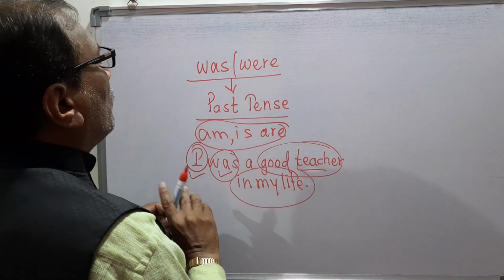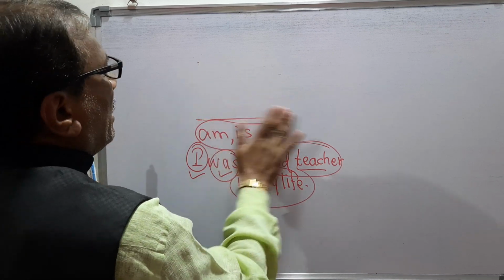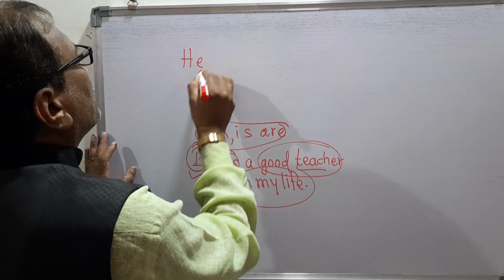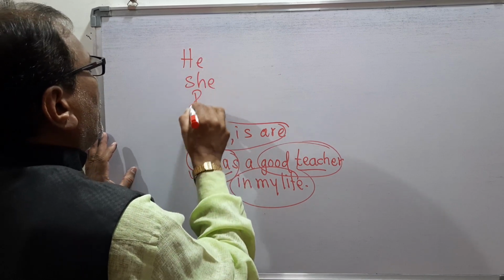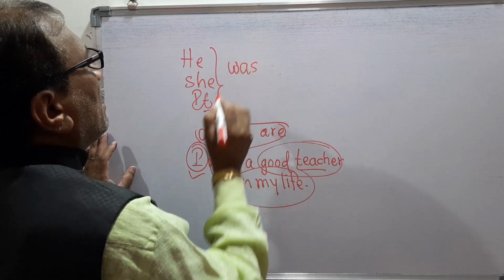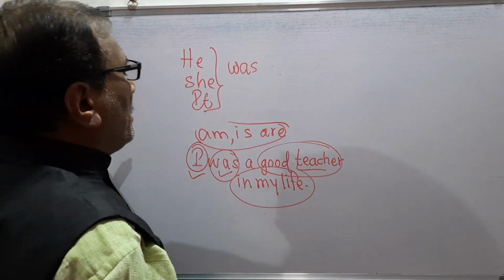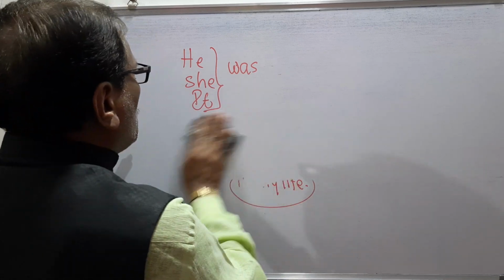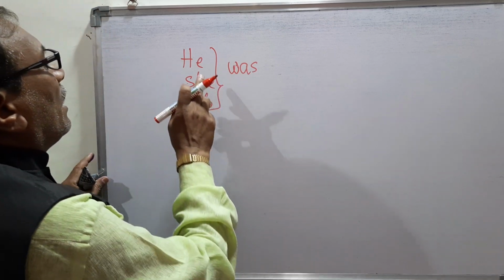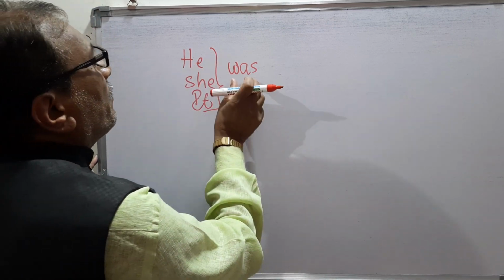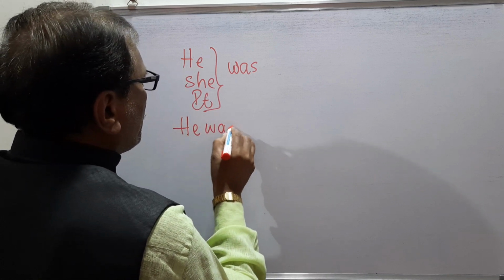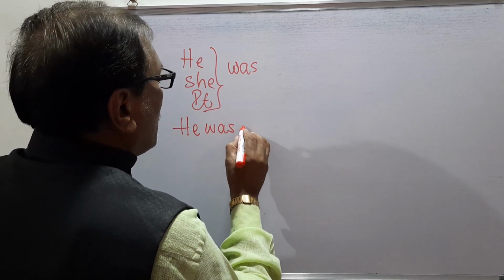Then I will tell you the next thing: he, she, it. Remember, he, she, it means was. When the subjects are he, she, it, then we can use the main verb was here. So he was my friend.